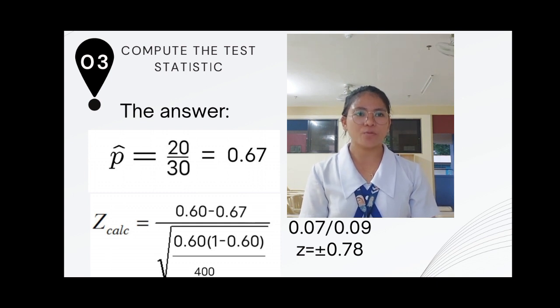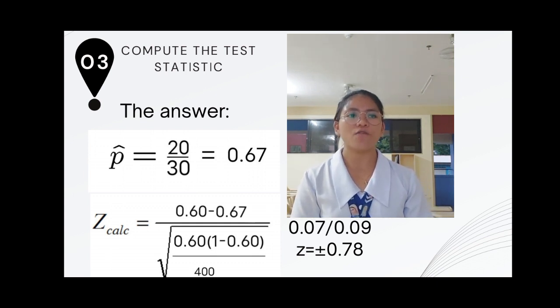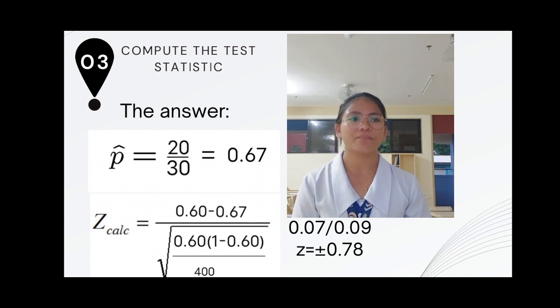Subtract the population proportion, 0.60, from the sample proportion, 0.67. The answer is 0.07. After we get the answer, we will solve the population standard deviation. 1 minus 0.60 is equal to 0.4. Multiplied by 0.60, the answer is 0.24.